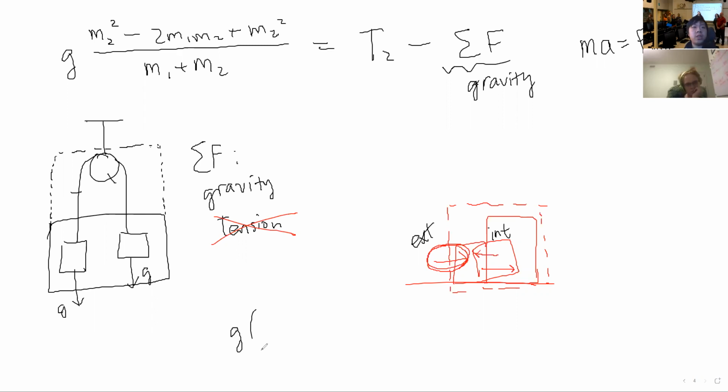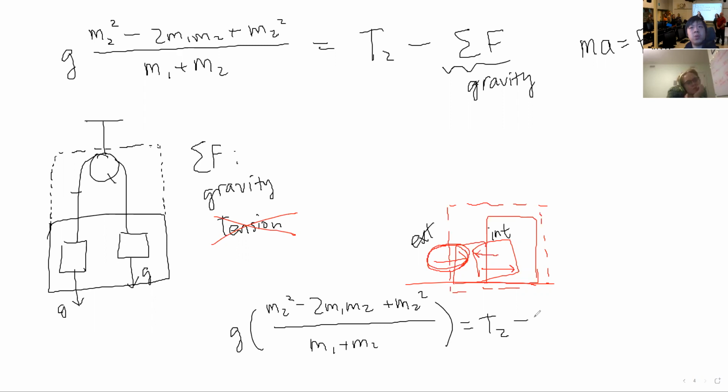So then we have g times (m2 squared minus 2 m1 m2 plus m1 squared) over (m1 plus m2) equals T2 minus negative g times (m1 plus m2), right? And now, when you solve for T2, what do you get?